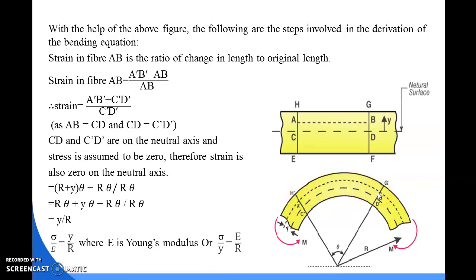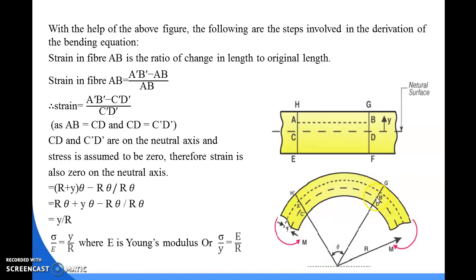We know that in mathematics, if the angle between two radii is theta and the radius is r, then the arc length will be radius into angle between the two radii, that means r theta. If we consider the A dash B dash portion, the radius from the center point to here is R plus y.